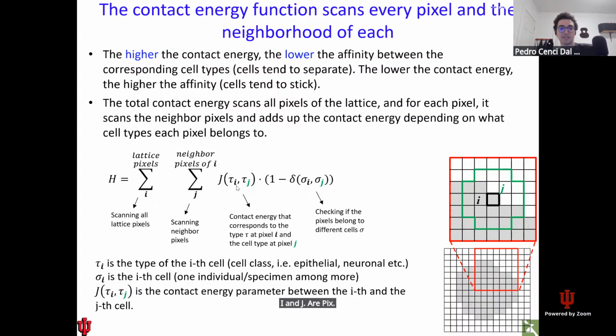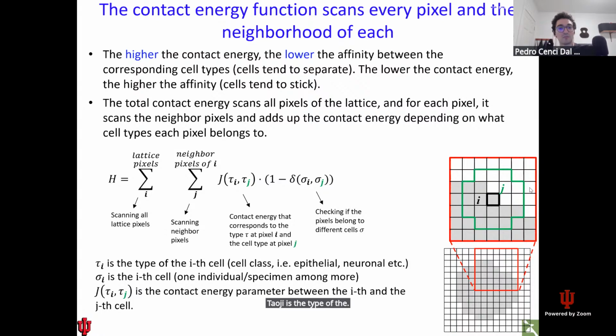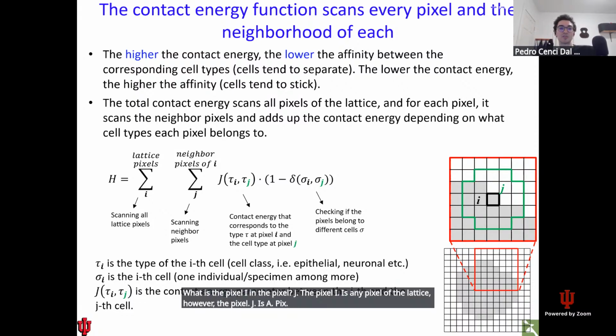So tau I is the type at the pixel I. We have the pixel I here, for example, and it belongs to a cell that has a type. That's our tau I. Tau J is the type of the pixel J. What are the pixel I and the pixel J? The pixel I is any pixel of the lattice. However, the pixel J is a pixel that is neighbor to the pixel I.